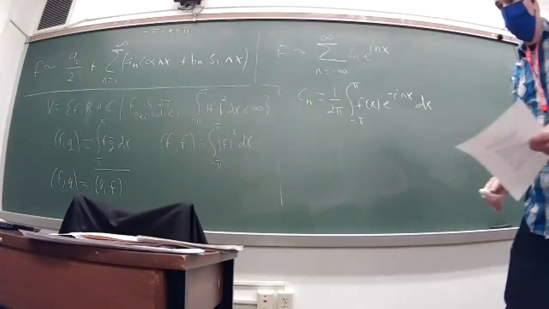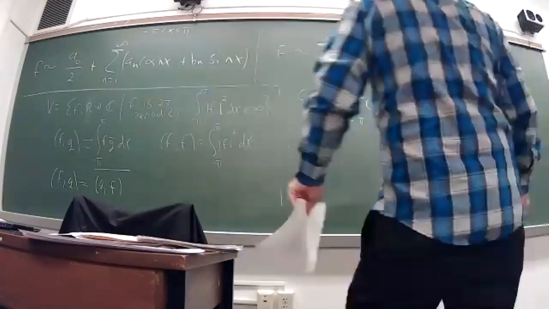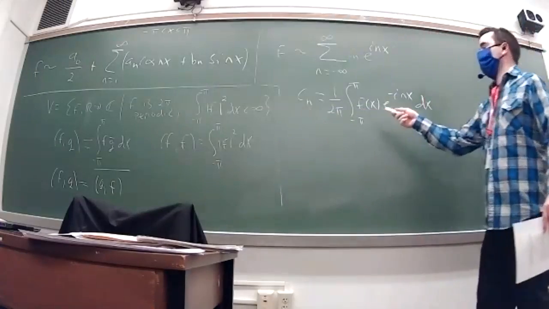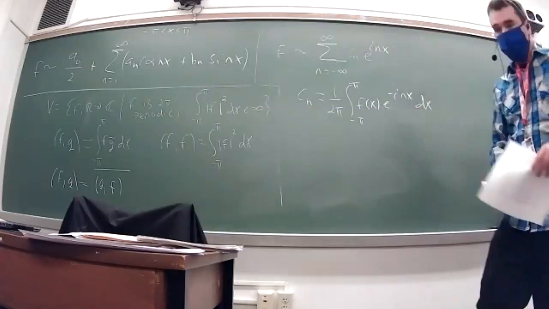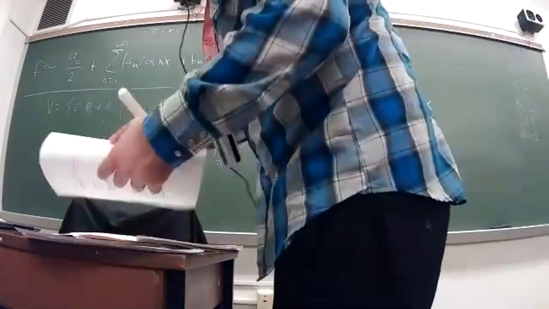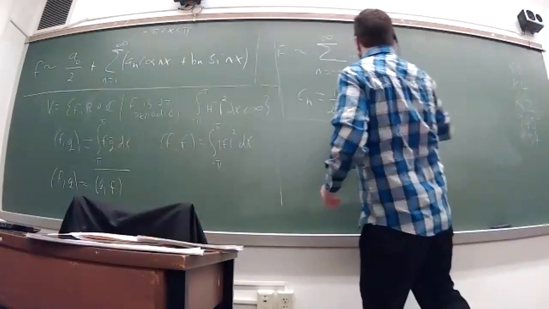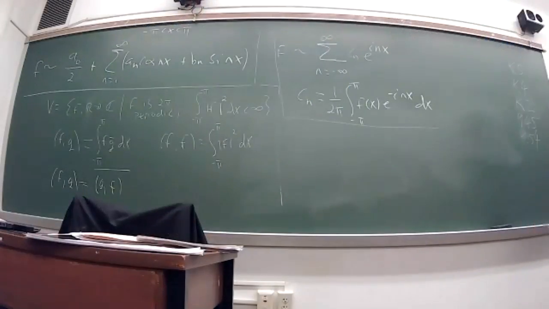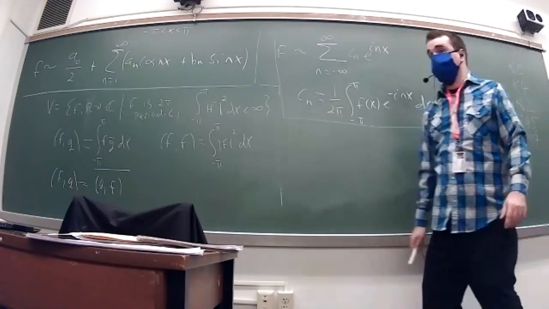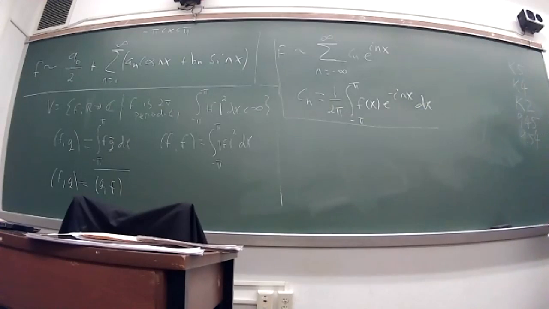And this will always be well defined if f is periodic and integrable. So if you don't mind using complex numbers, then you can make this replacement for a Fourier series. And these coefficients c sub n are going to be complex valued.